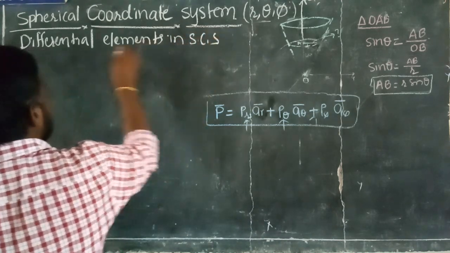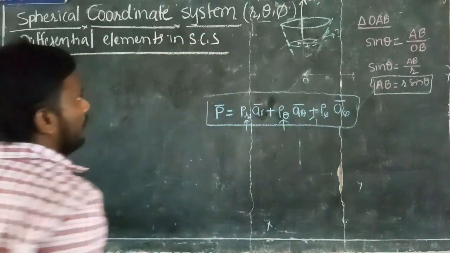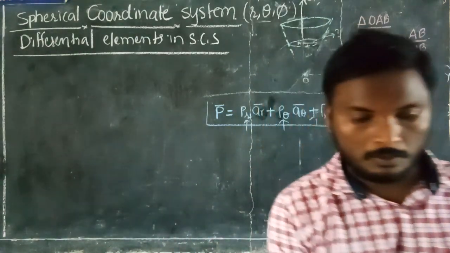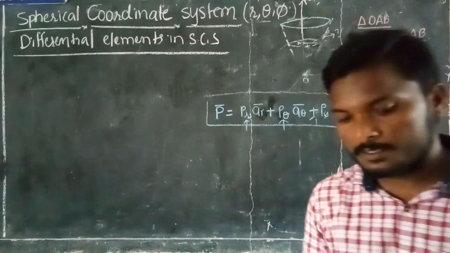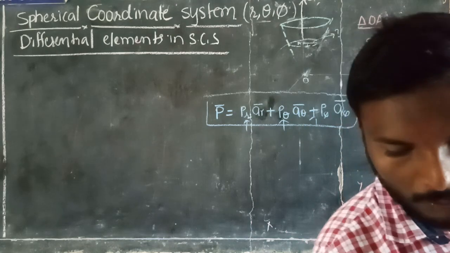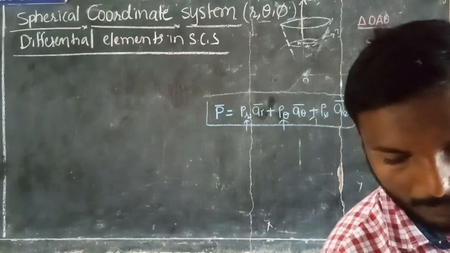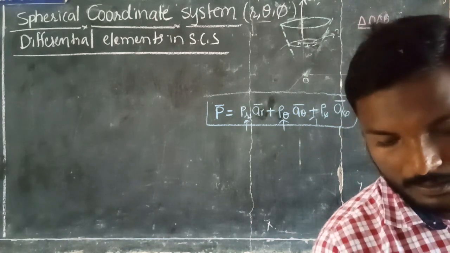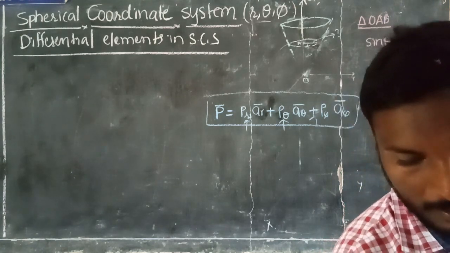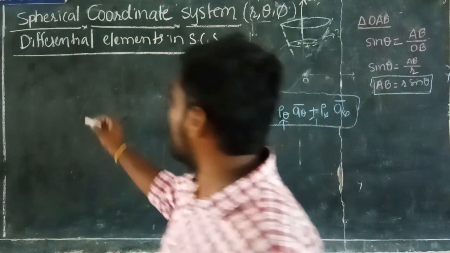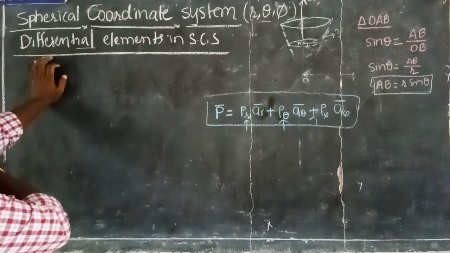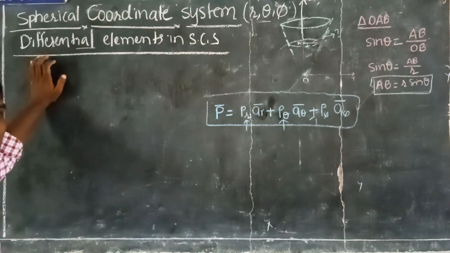The differential elements concept I already discussed in the last two classes. Differential elements in the Cartesian coordinate system are discussed, and in the cylindrical coordinate system as well. So now you should be able to tell the meaning of differential elements in the spherical coordinate system. What are differential elements? The statement itself clearly tells us: differential means a small amount of length.